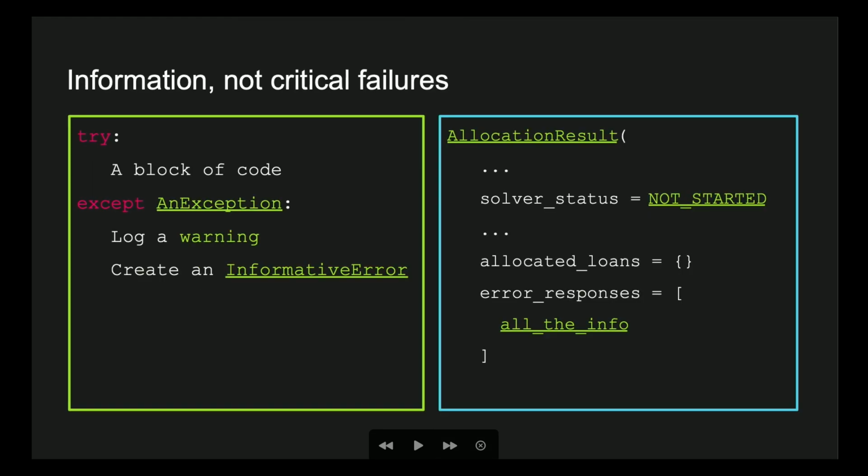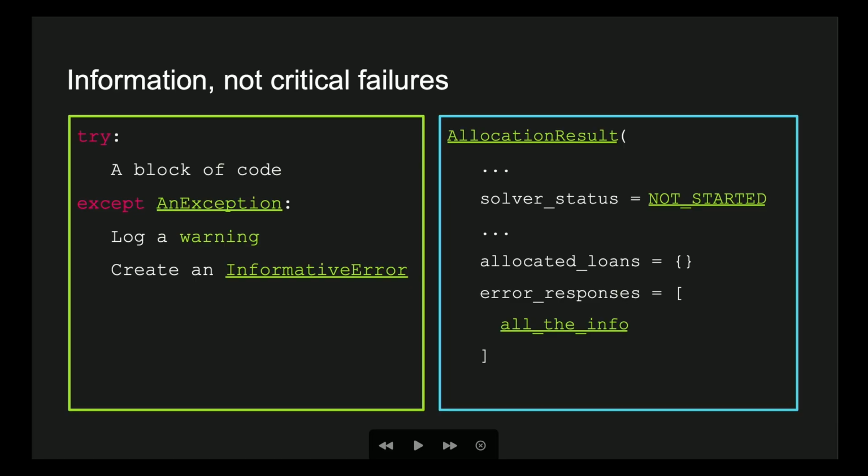And this becomes my pattern. I'm going to try and execute a block of code. Maybe I'll catch an exception, or maybe I've got a match statement, and this is in the default case, what you actually get is I'll probably log myself a warning, and create one of these informative errors. And then you keep stepping through the optimizer.